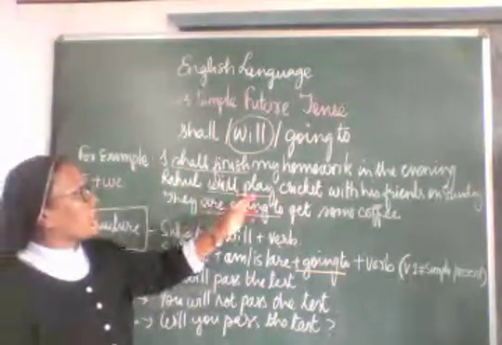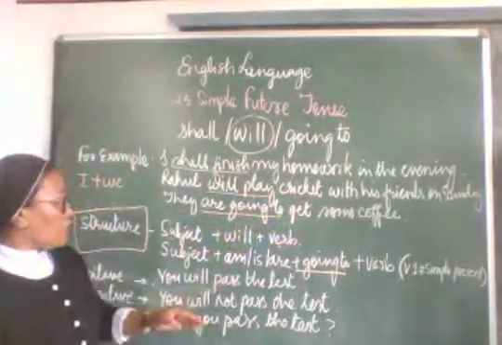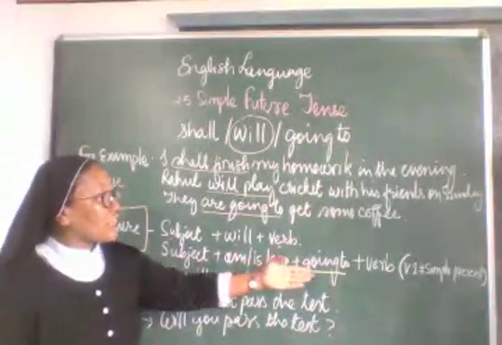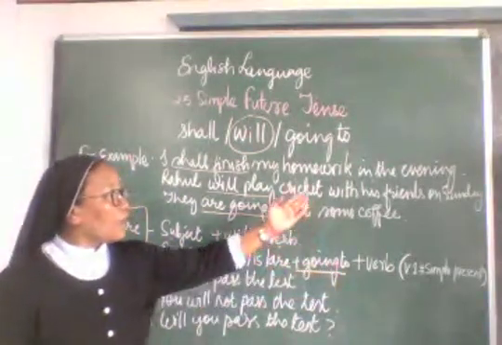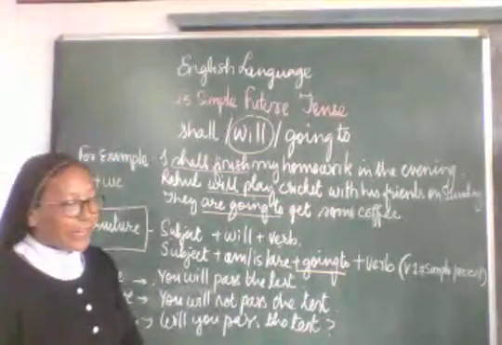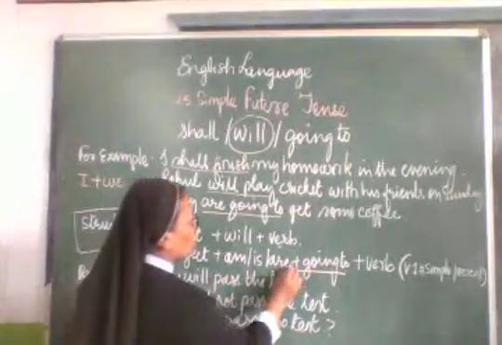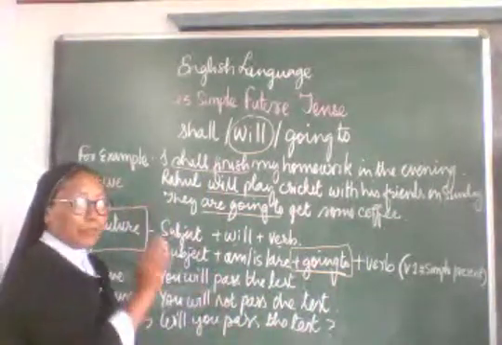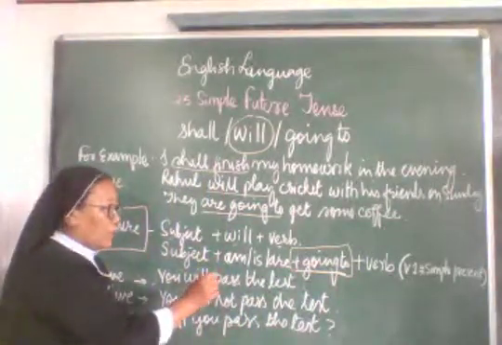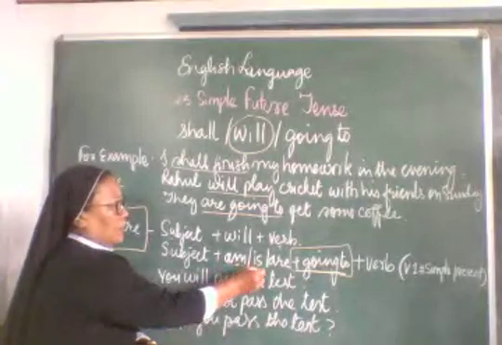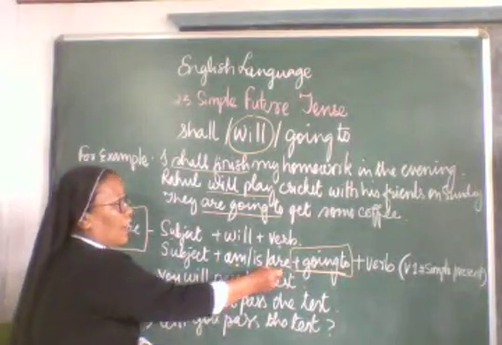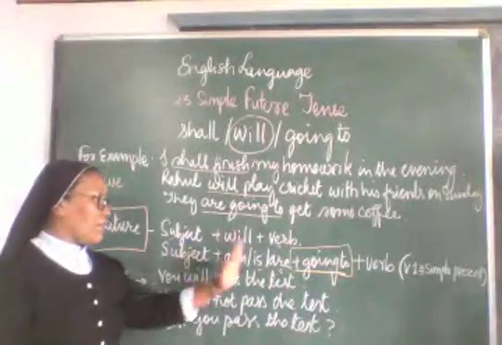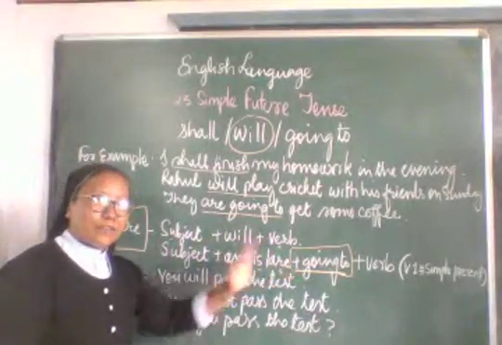See, Rahul will play cricket with his friends on Sunday. We can say, Rahul is going to play cricket with his friends on Sunday. So whenever I use this form, going to, I need to have the be form of the verb, a helping verb: is, am, are. It depends on the subject. If it is singular, is; if it is plural, are.